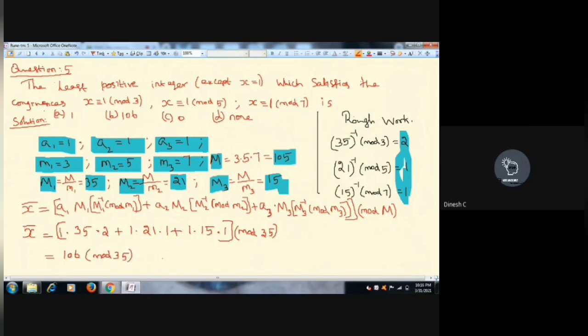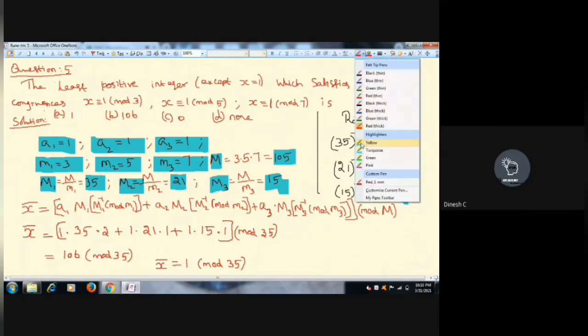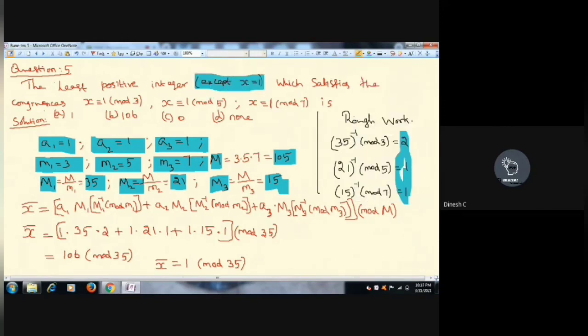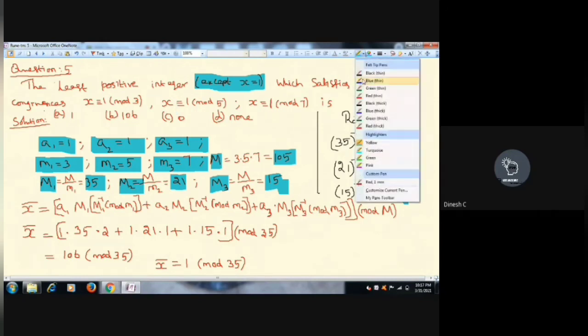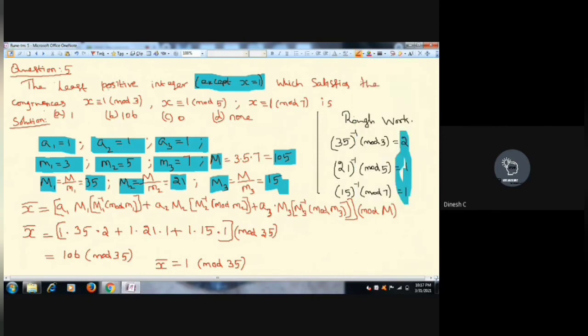If you take the mod value, you get x bar equal to 1 mod 105, but we need an answer except x equal to 1. Just understand this word. If you have the answer 1, you don't consider it. Okay, so choice A is not the answer for this question. So we have to choose choice B. 106 is the correct answer.